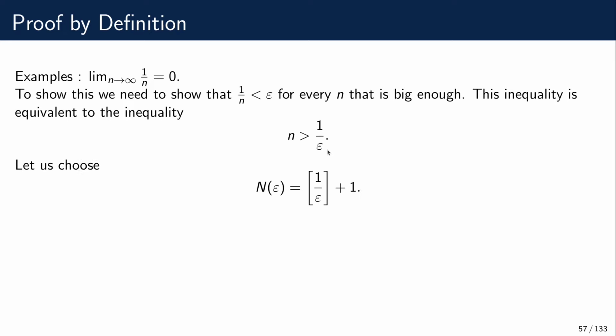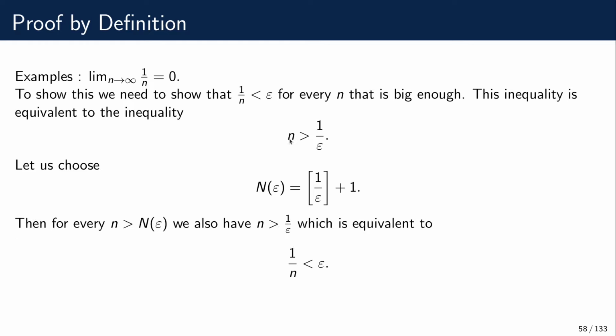So the idea would be that we will define n of epsilon. We'll choose this to make sure that n of epsilon is an integer. We will take the integer value, but in doing so we could have made this smaller, right? Taking the integer value cannot decrease this number by more than 1, so we add 1 to be on the safe side. And now we know that for every natural number n that is bigger than n of epsilon, we will have in particular that n is bigger than 1 over epsilon.